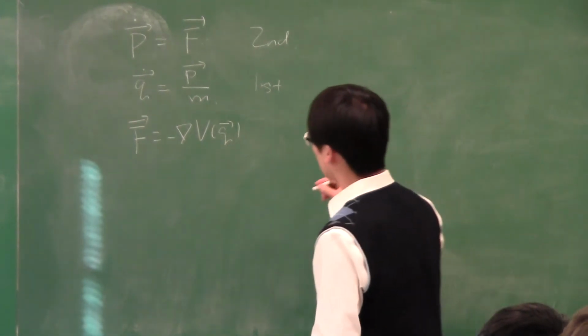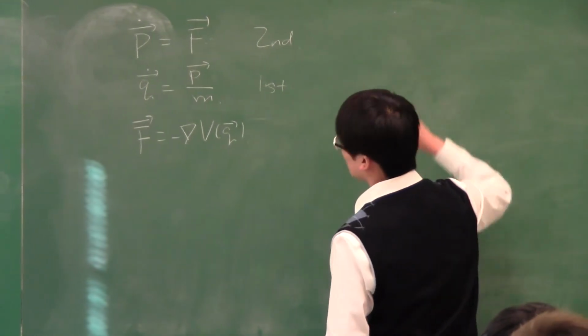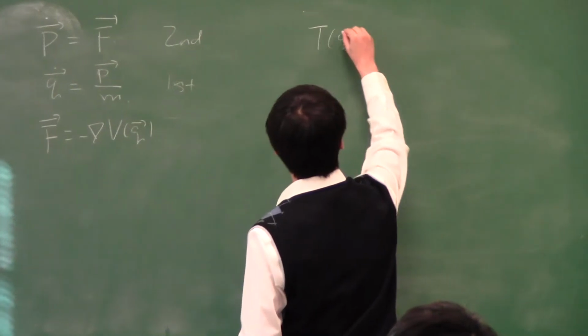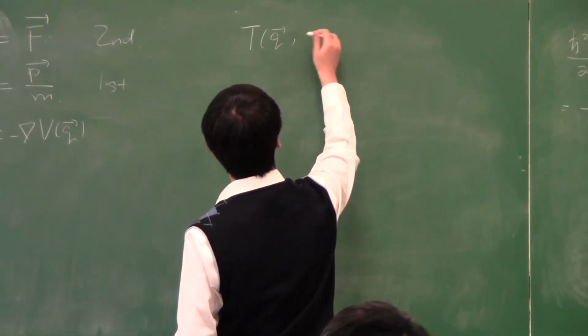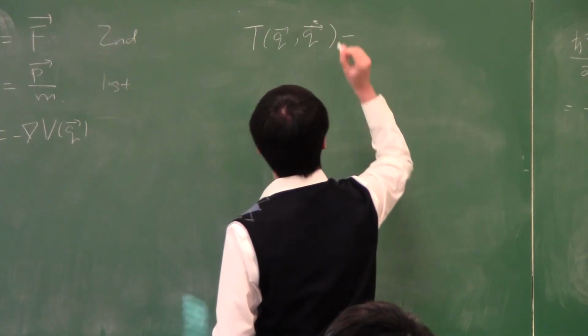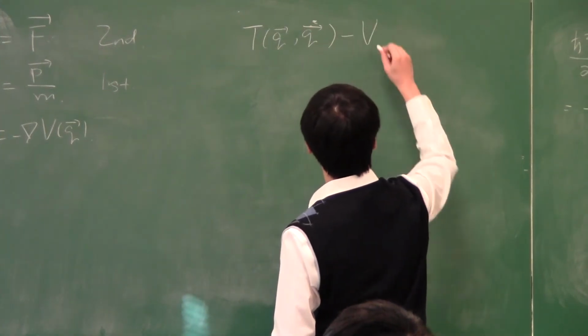In the Lagrangian formulation, we're going to start with something called the Lagrangian of a system. And it is defined as the kinetic energy minus the potential energy, the difference between the kinetic energy and the potential energy.